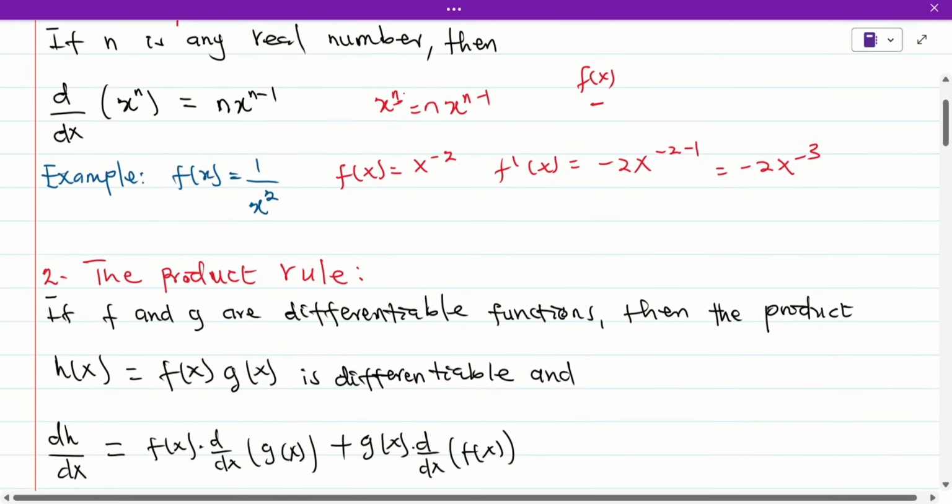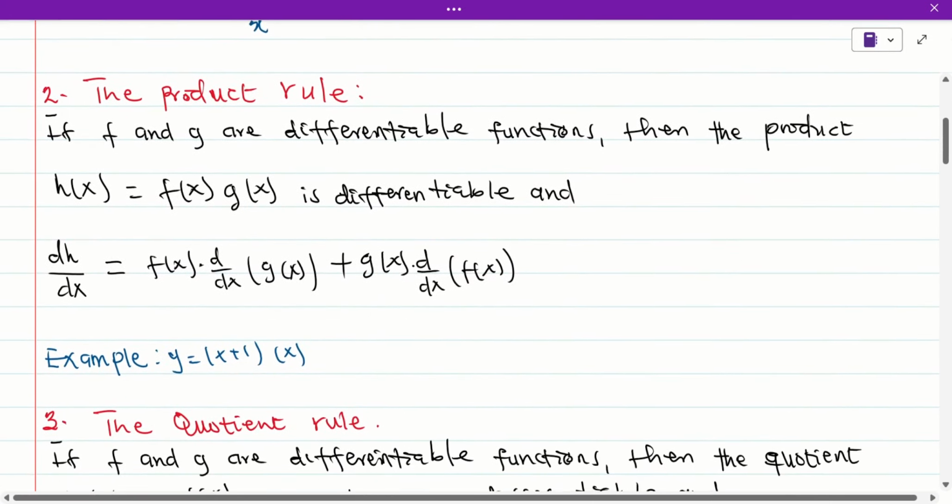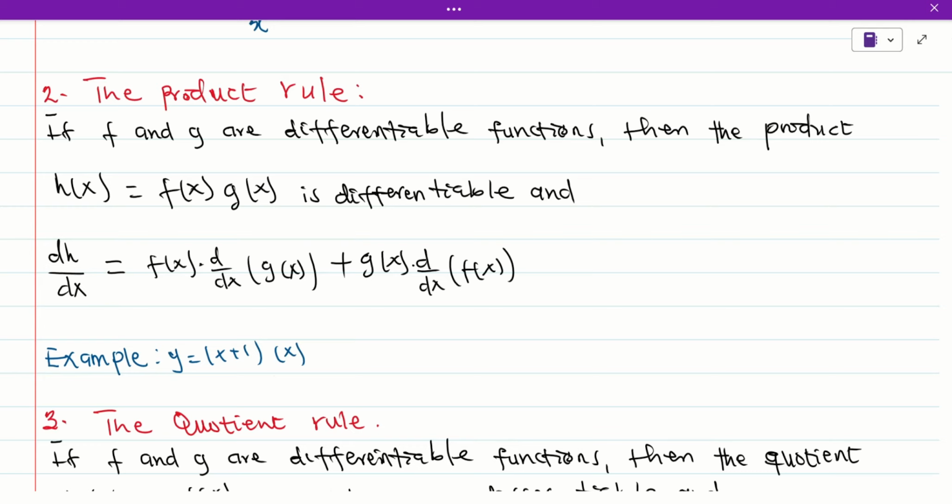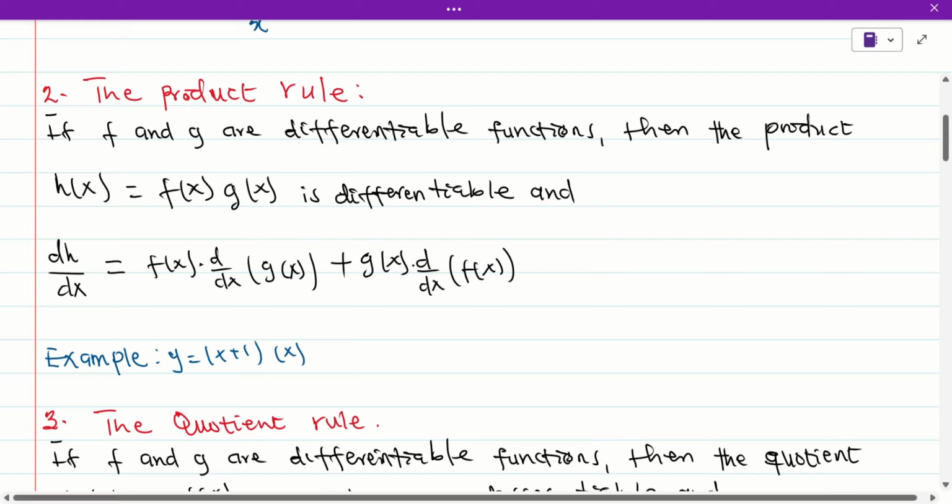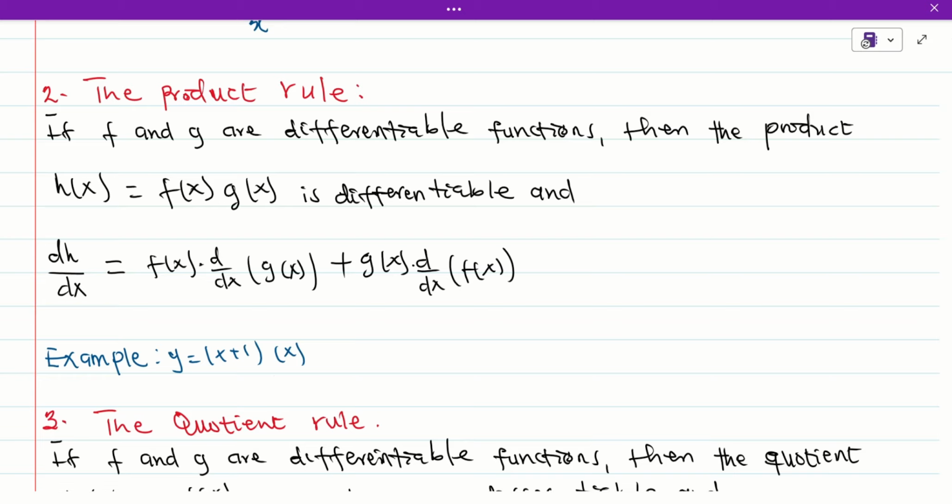Okay. So the second rule we have here is the product rule. The product rule says that if f and g are differentiable functions, then the product, which is h of x, which is equal to f of x multiplied by g of x, is differentiable.